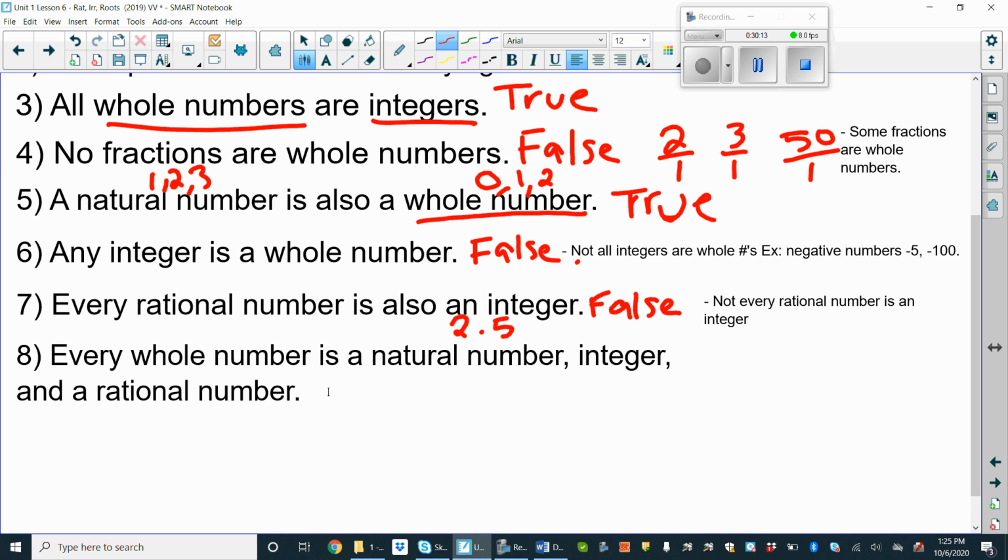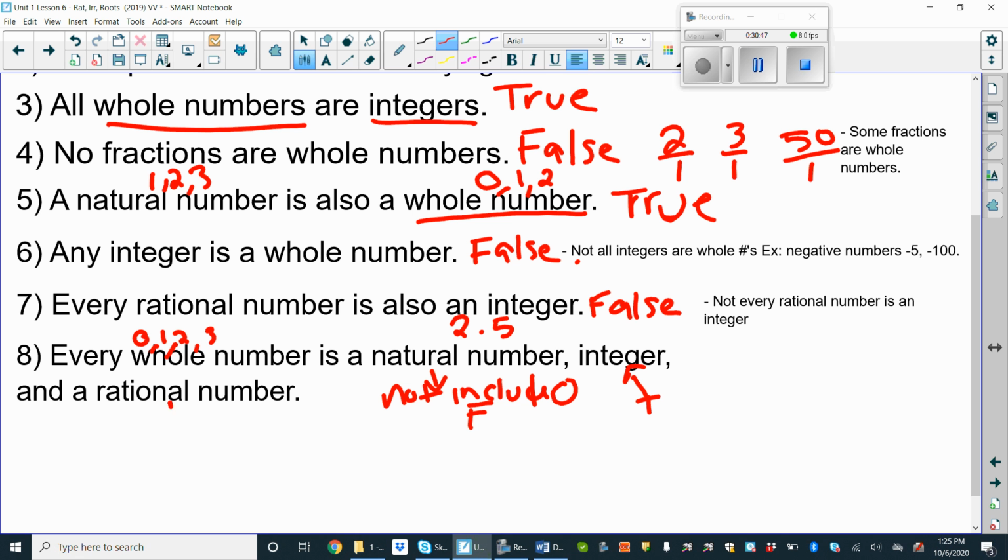And number 8, every whole number is a natural number, integer, and a rational number. So we know whole numbers are 0, 1, 2, 3, etc. But natural numbers do not include 0. We know that every whole number is an integer, yes, true, but this part was false.